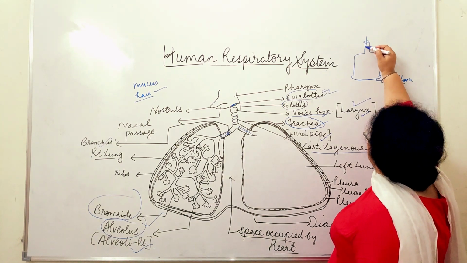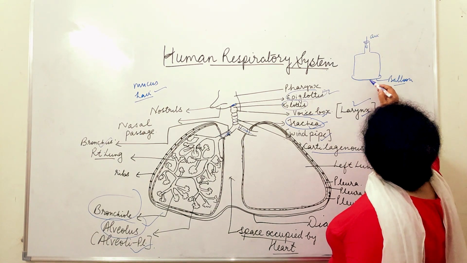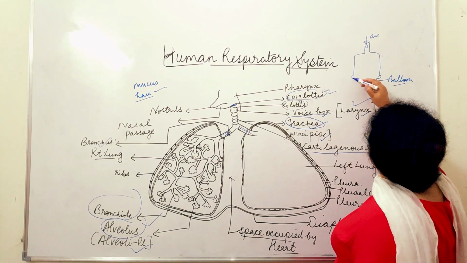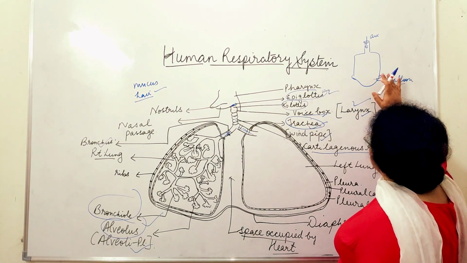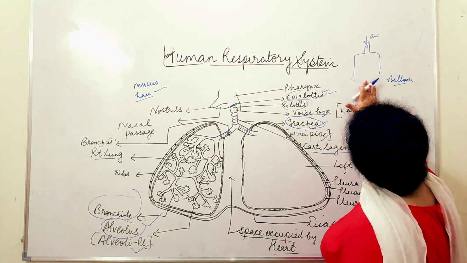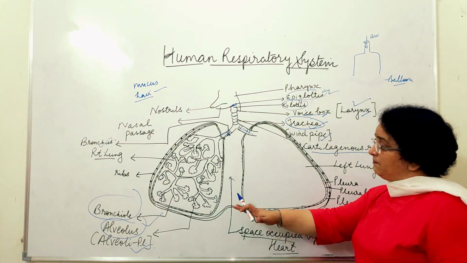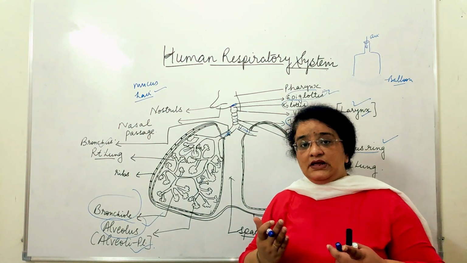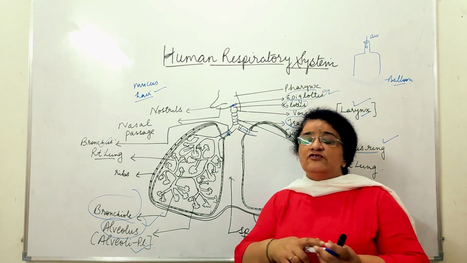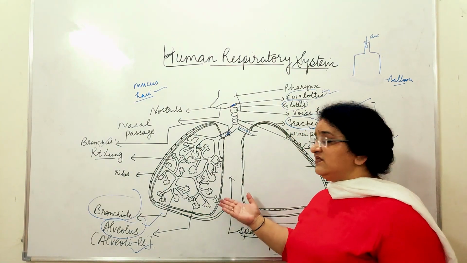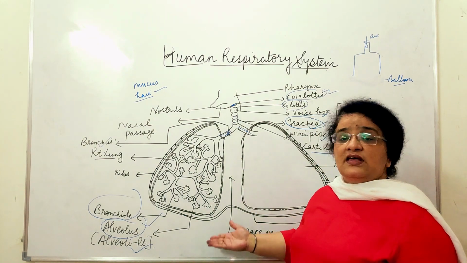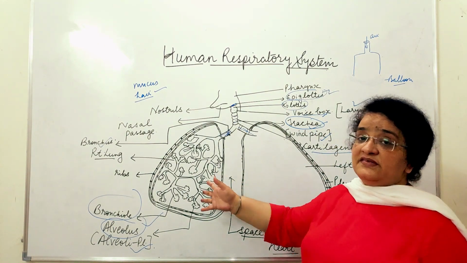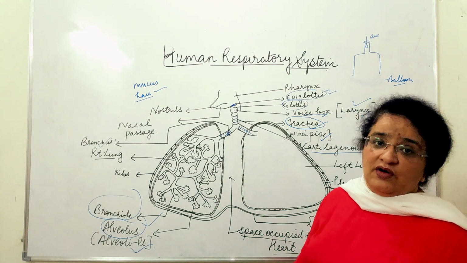So when you blow air into it, this balloon will be inflated like this. So this diaphragm is behaving as the base of this chest cavity, right? It's a muscular sheath. During inhalation and exhalation, this diaphragm contracts and expands, and its role we will be discussing in the mechanism of breathing.